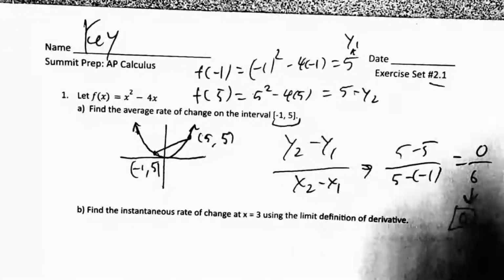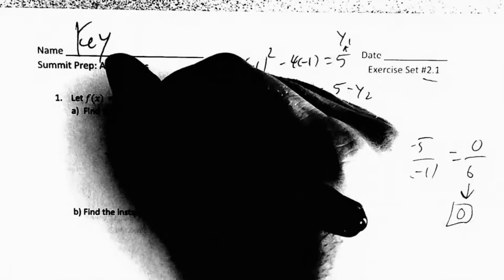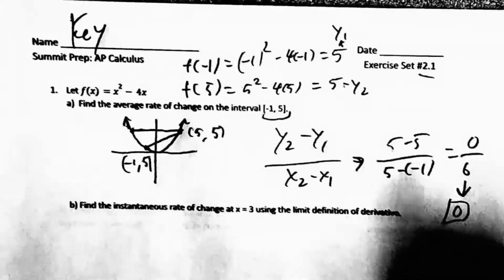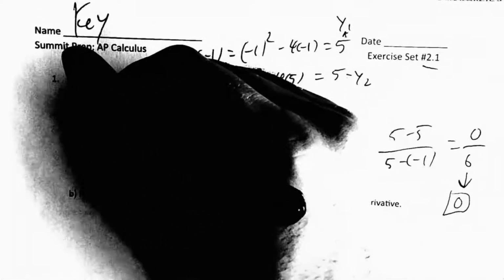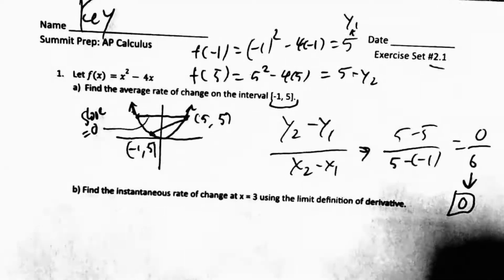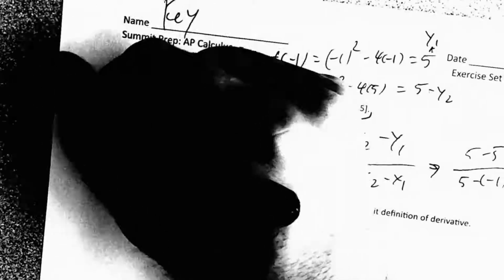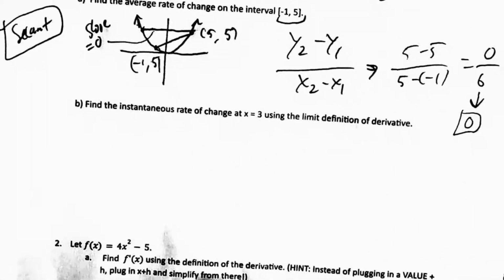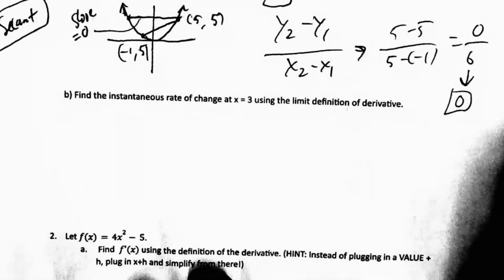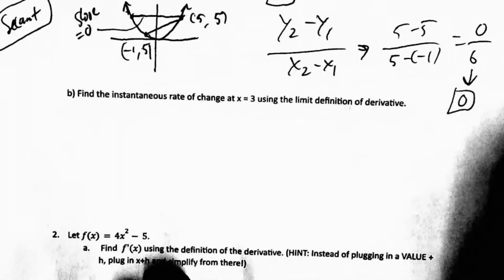What that means is, if I go back over here, these 2 points are actually parallel, right? They are at the same y value. So the slope, if you think about this, equals 0. And also just a reminder, this is the secant line. Secant.